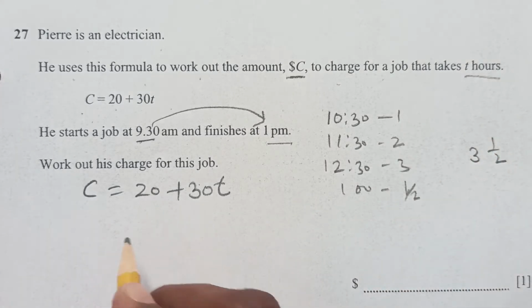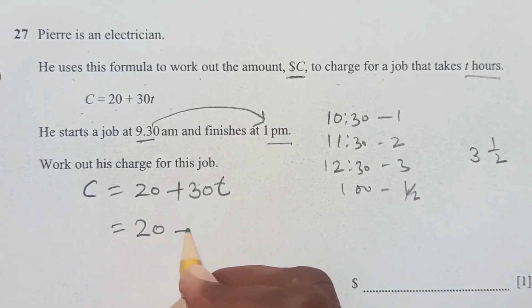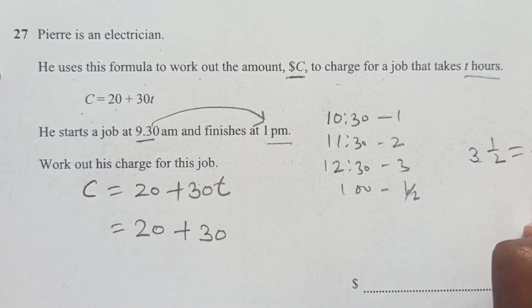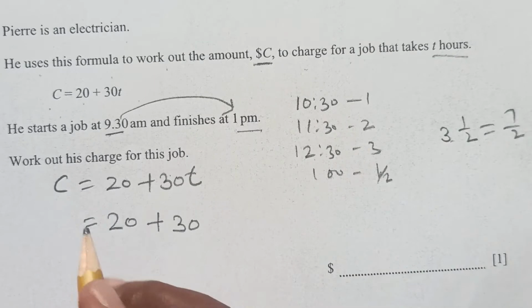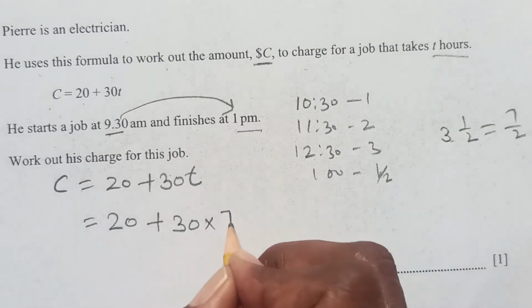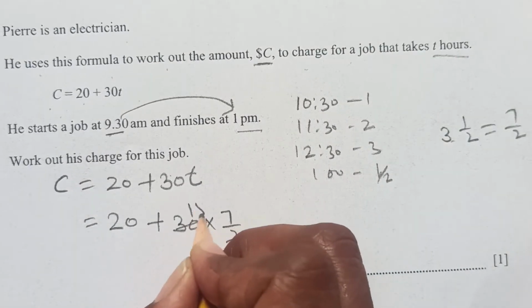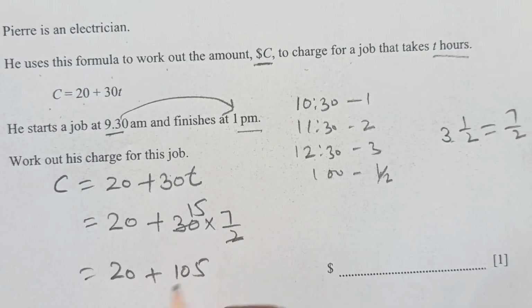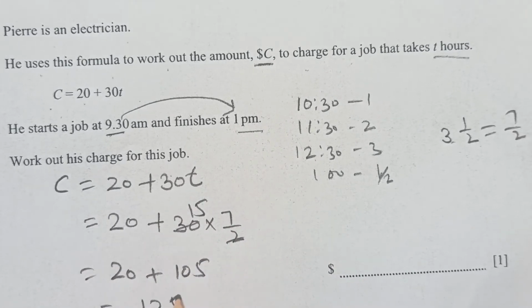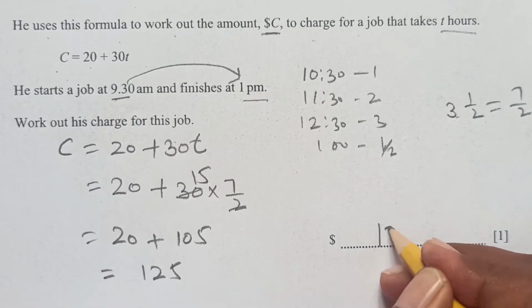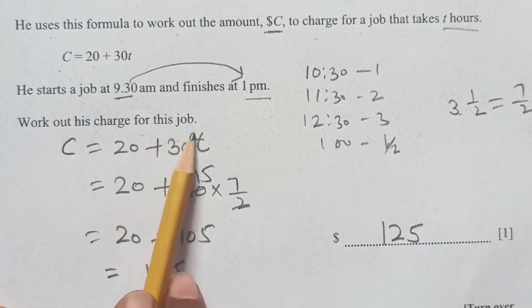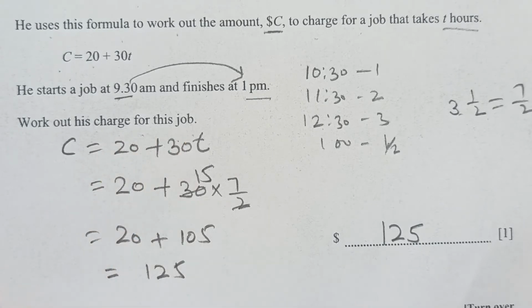So 3.5 is 7 over 2, 3 times 2 is 6, plus 1 is 7 over 2. So 30 times T is 30 times 7 over 2. So this is 15 times 7, which is 105. So 125 is our charge for his job. Got it?